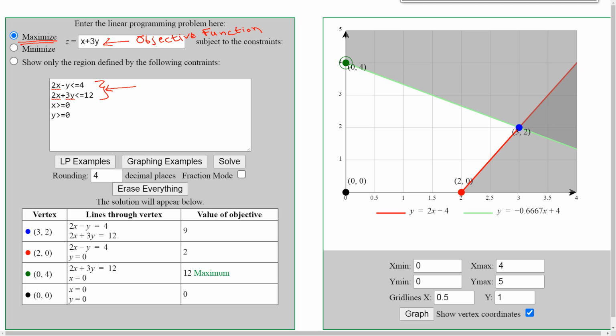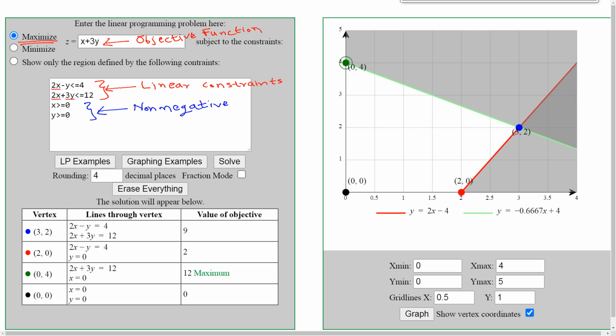Two linear constraints are here: 2x minus y is less equal to 4 and 2x plus 3y is less equal to 12. Then we have non-negativity constraints, which are x is greater equal to 0 and y is greater equal to 0.